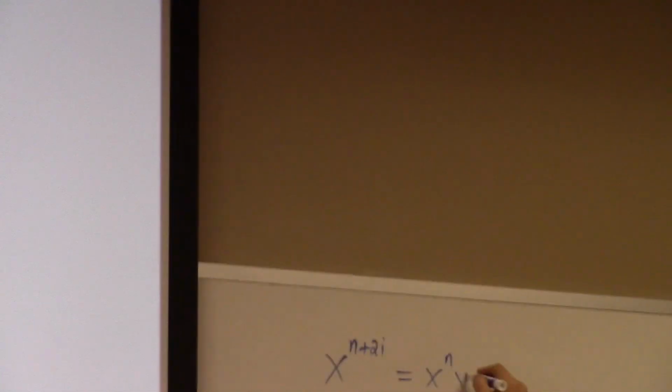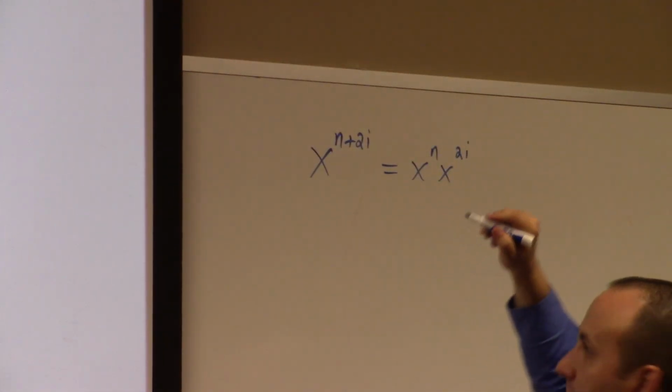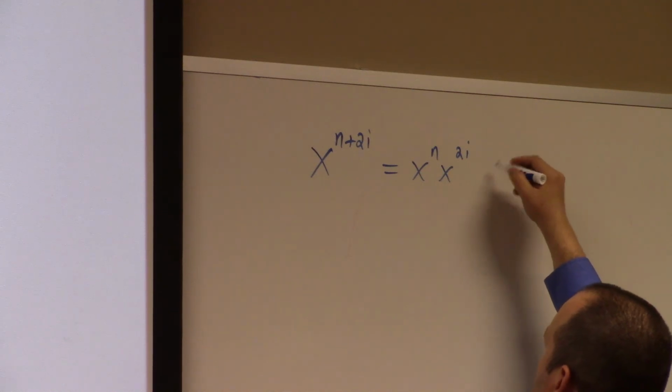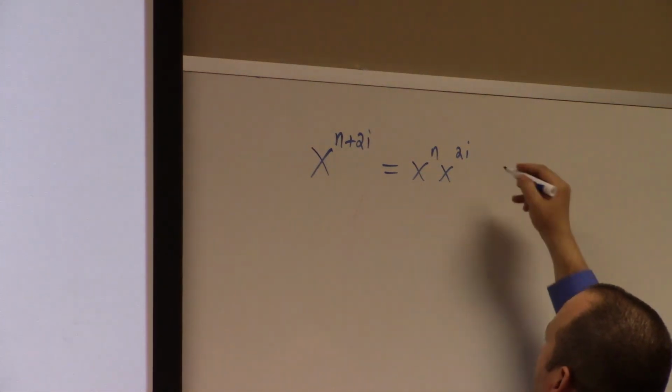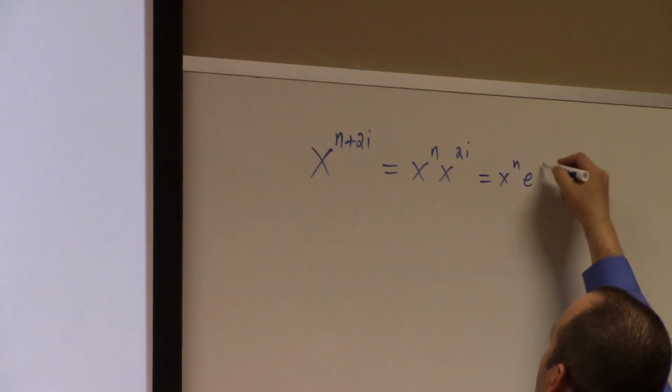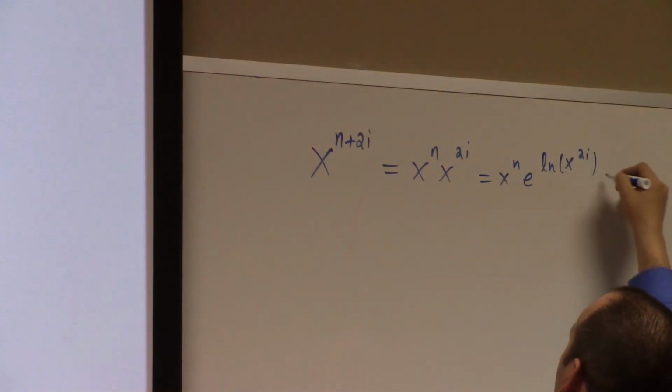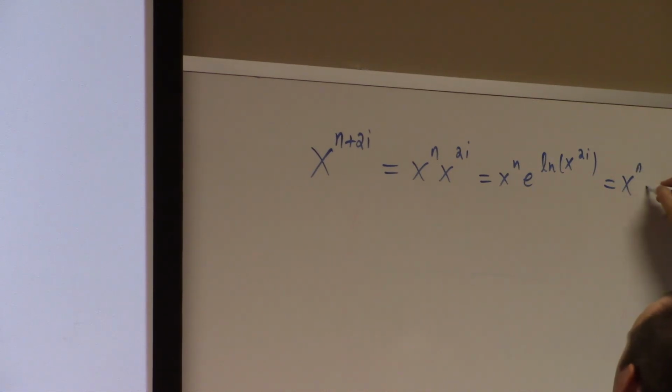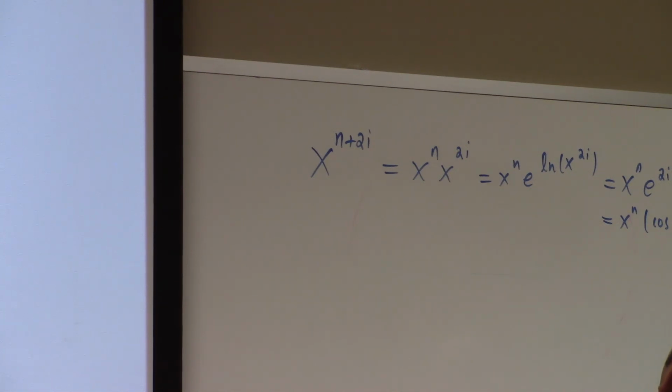That is really x to the n times x to the 2i. And then this you can look at as x to the n e to the 2i ln of x. But then by Euler's formula, that's x to the n cosine of 2 ln x plus i x to the n sine of 2 ln x. So that's where the logs are coming from, and the sines and cosines. It's Euler's formula. It's always Euler's formula.